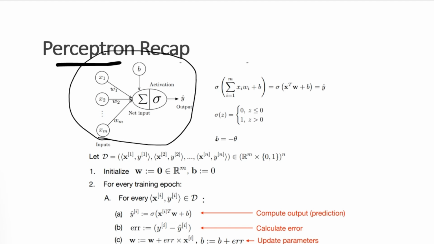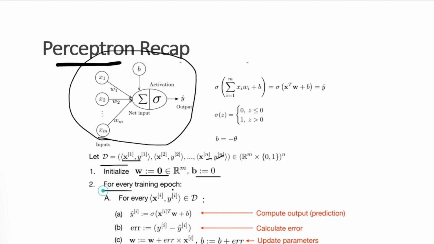So if we have a data set, let's call that data set D with n training examples and also n labels, where each training example has a feature vector x and class label y. When we start training on this dataset, we initialize the parameters of the perceptron. For example, we can set the weights to all zeros, and we can set the bias unit also to zero. So this is nothing new. This is just a recap.